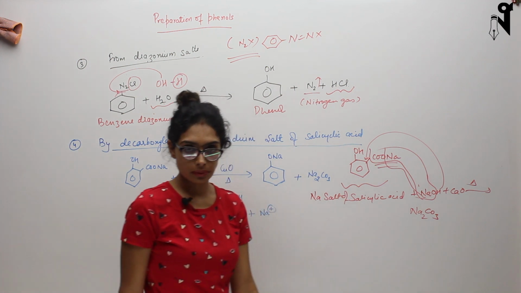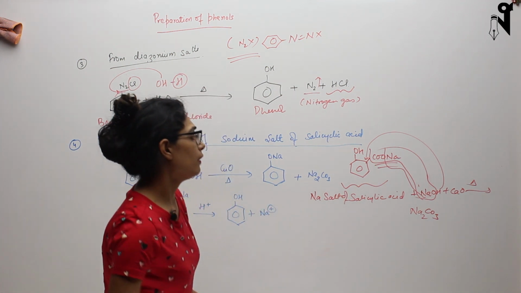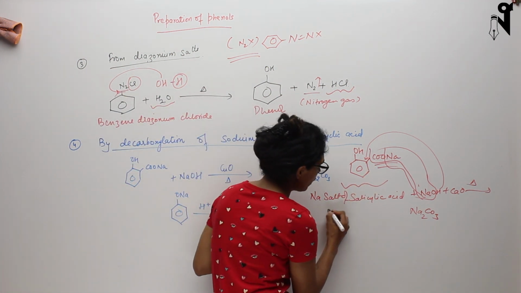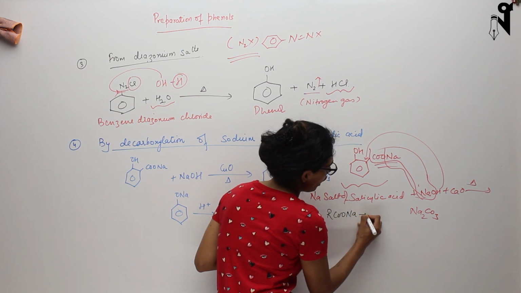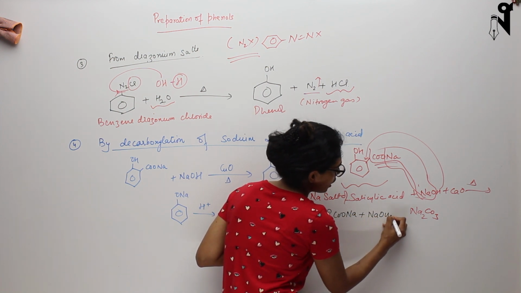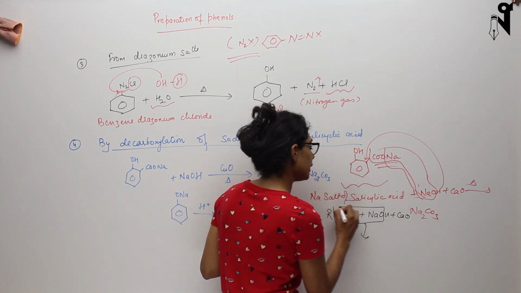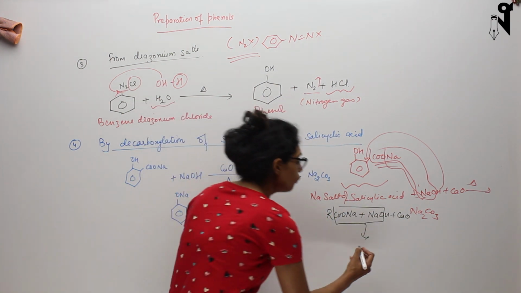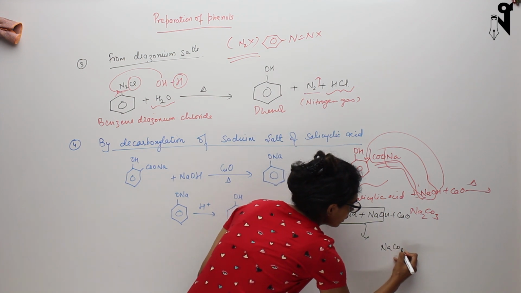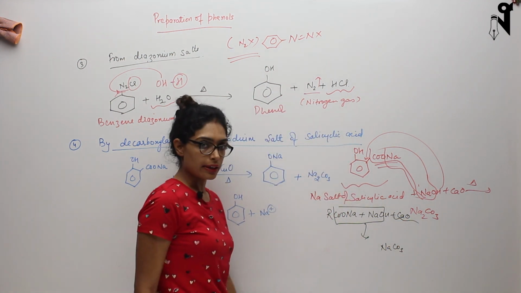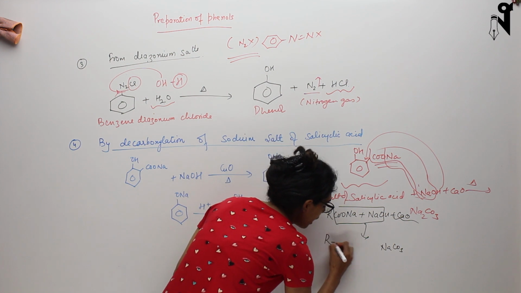Okay, so this is not only for this, but for any RCOONa. If you treat it with NaOH plus CaO, this RCOONa and NaOH go together to form Na2CO3. CaO acts as a catalyst and this R becomes RH.